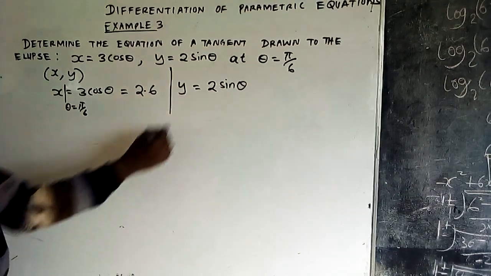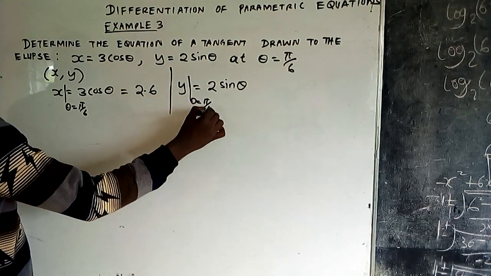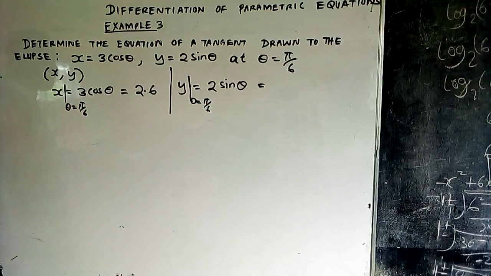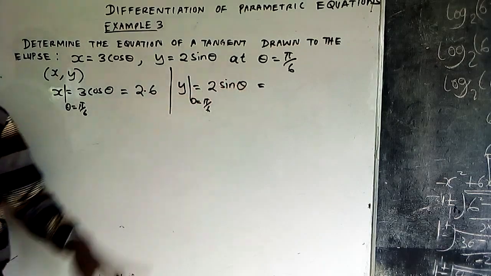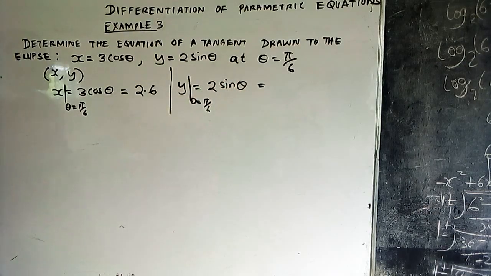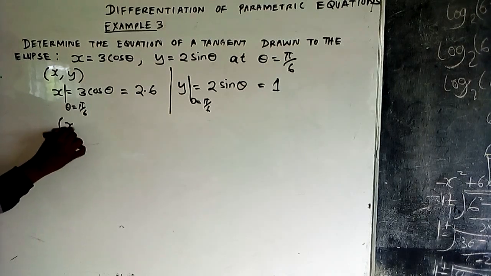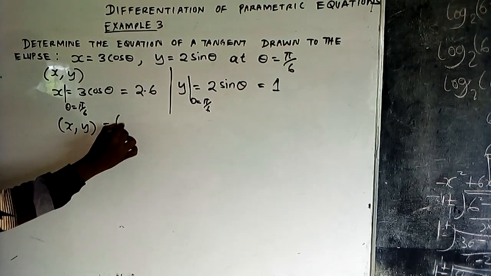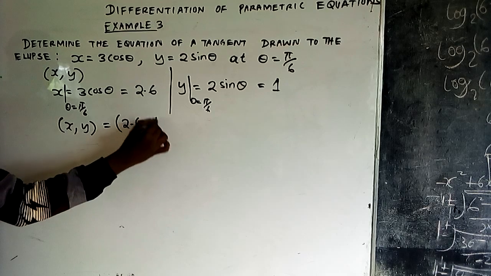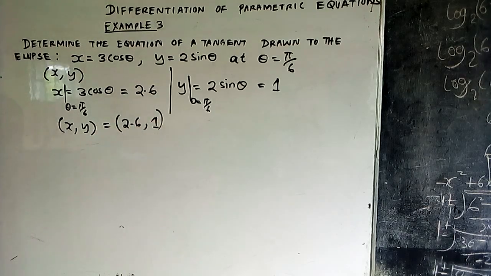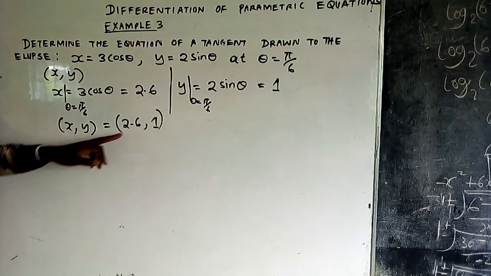So at a point when theta is pi over 6 or 30 degrees, what is the value of y? It is 2 sin 30 degrees. You get 1. So the known point (x, y) is x is 2.6, y is 1. So we already have one known point.